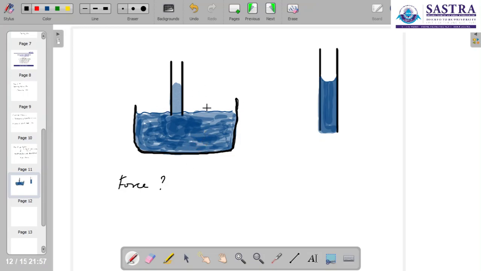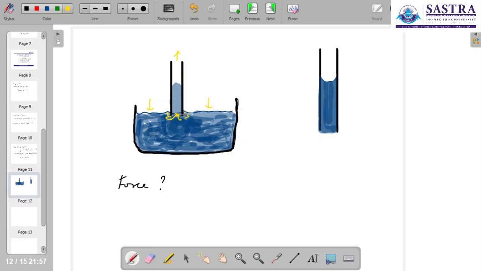Looking at this sketch, we can easily understand that the pressure force need not be the reason in this case, for the simple reason that this is also open to the atmosphere, and the surrounding atmosphere acts on it. Even if we dip it just very close to the surface, we still see the liquid being pushed.